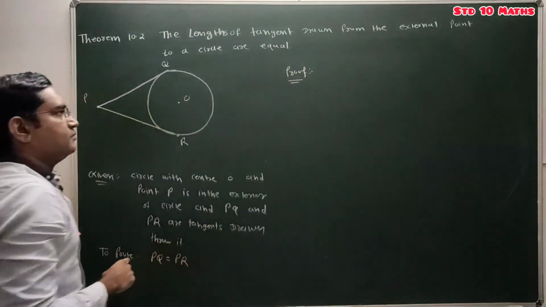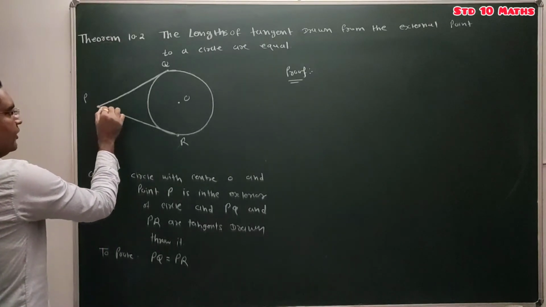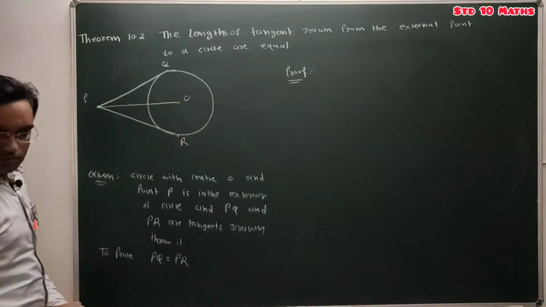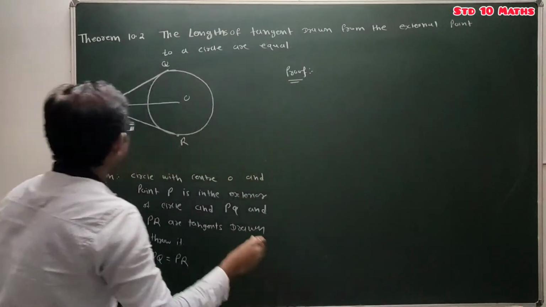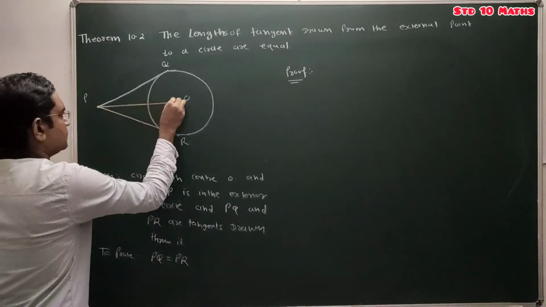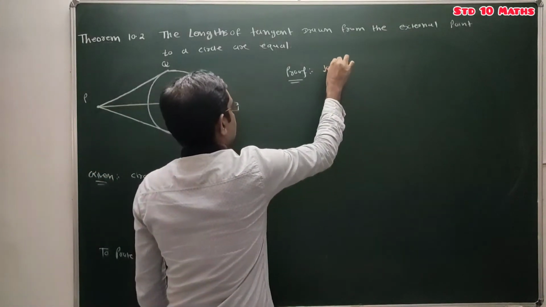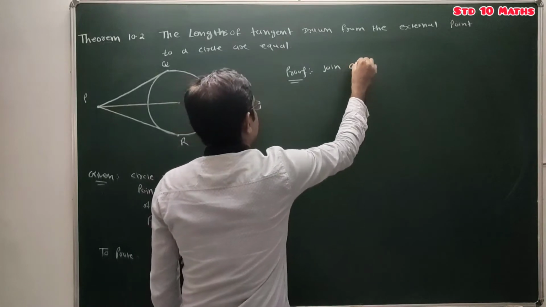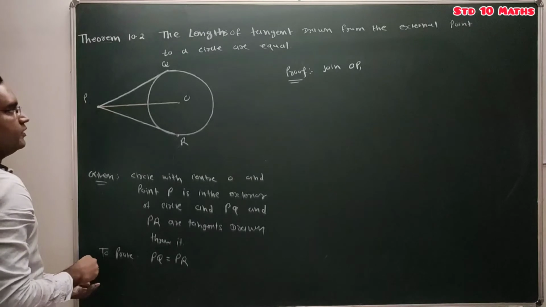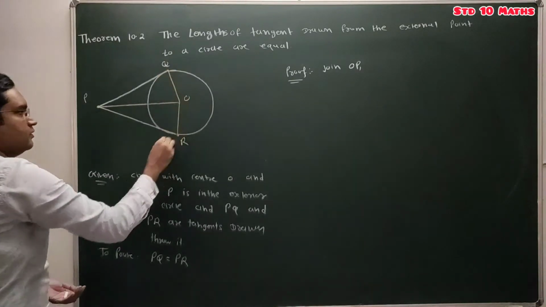For the proof of this theorem, first we will join the exterior point to the center. Join P with O. Join OP, and also join OQ and OR.